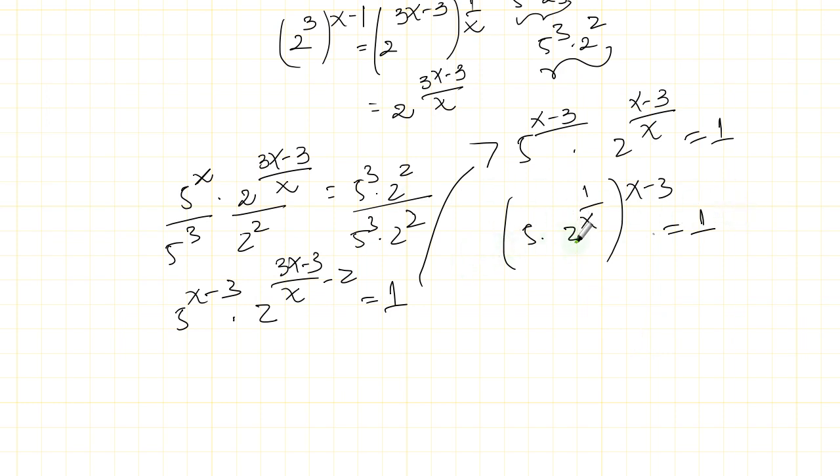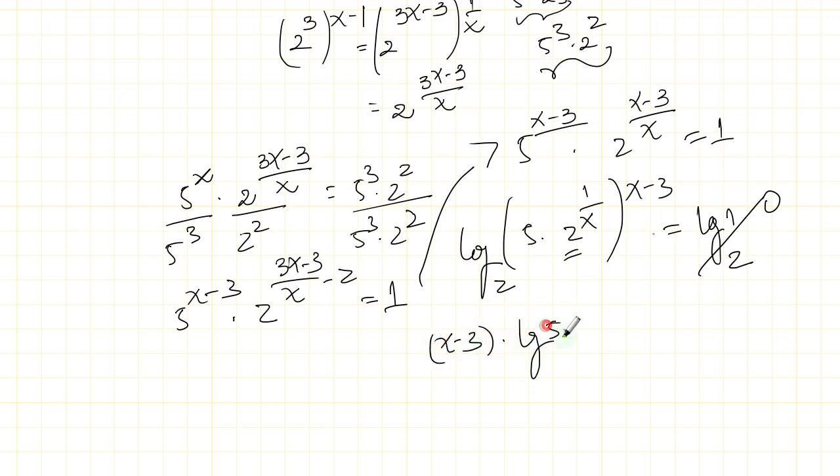I'm going to apply log base 2 on both sides of the equation. So we're going to have then log of 1 base 2, this is 0. So now this one comes down here, we're going to have x minus 3, which multiplies log base 2 of 5 times 2 to the power of 1 over x, and then this equals 0.